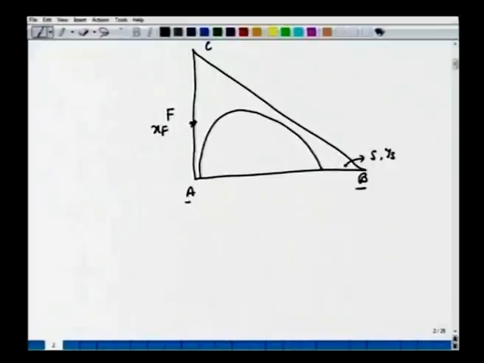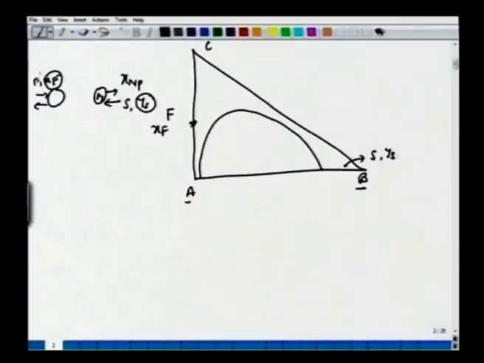Okay. So generally it happens that the feed is given here. We have been asked to treat this feed. So the feed composition is XF, and we have been asked to reduce the concentration from XF to the last stage NP, which is XNP here. To do that, we have been given this solvent with the composition YS.